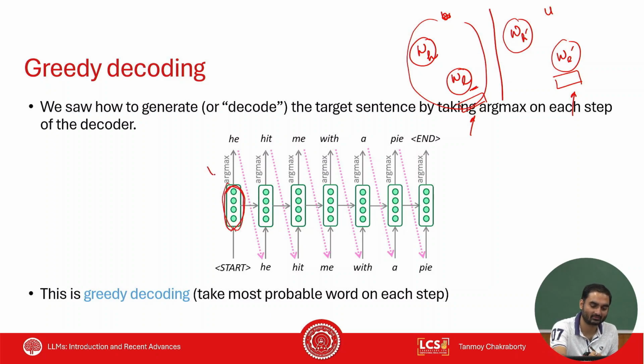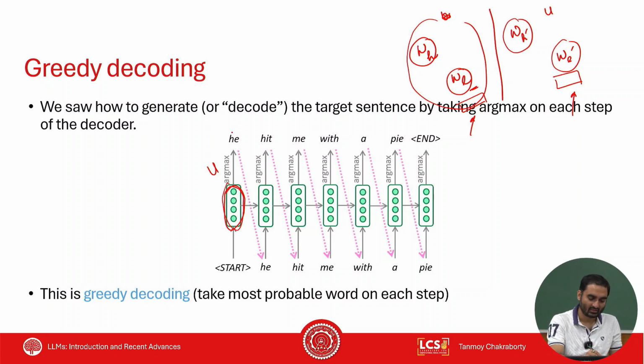Then I pass it through this linear layer U, followed by a nonlinearity. It will project it to a 1 million dimensional vector, where 1 million is the size of the vocabulary. So it will project it to a probability vector. Then you sample one token from the probability, and the hope is that the token which has maximum probability will be sampled.